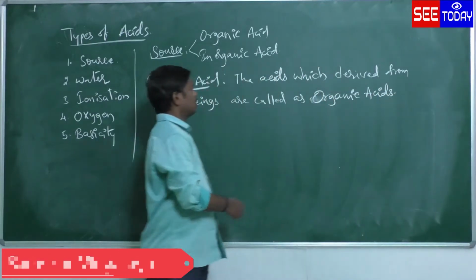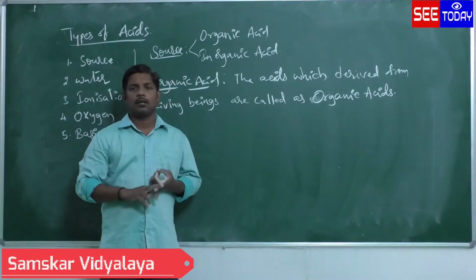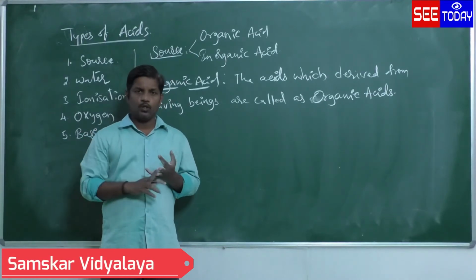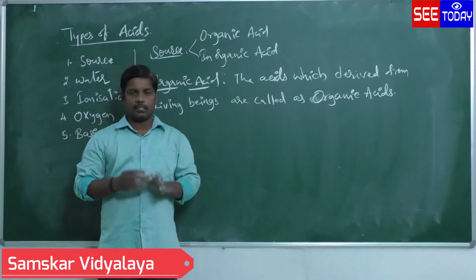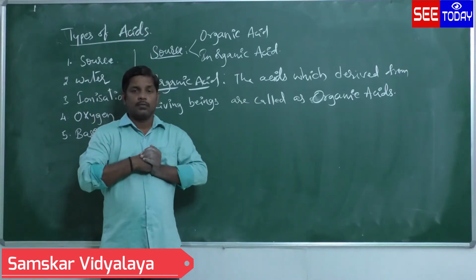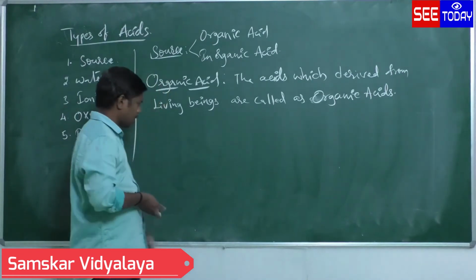So the acids which are derived from living things. Living things means that may be plants, or animals, or humans, or insects. Anything, if you are getting that acidic substance from a living thing, then we should call that substance organic.